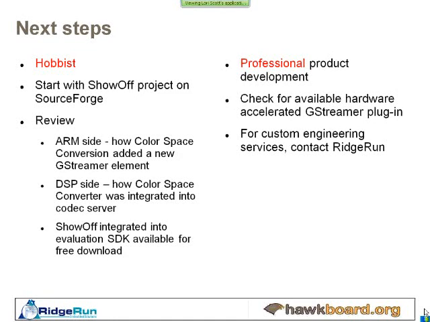So now that I've given you a little bit of background information on running GStreamer on a HawkBoard and being able to access the digital signal processor, what are some next steps?